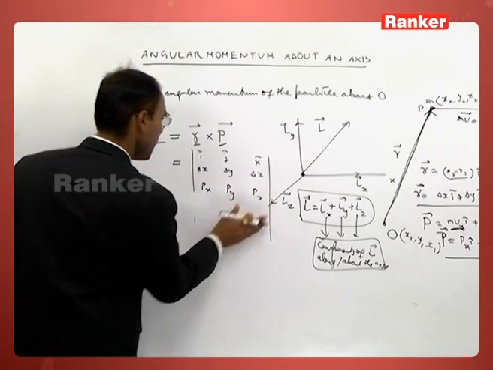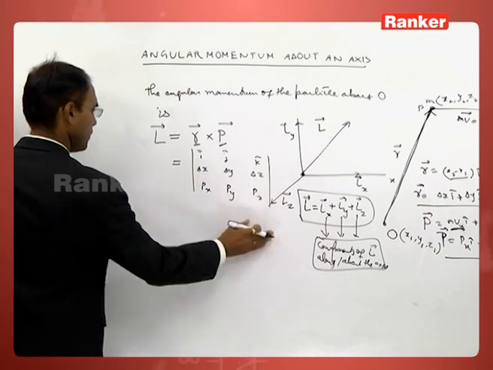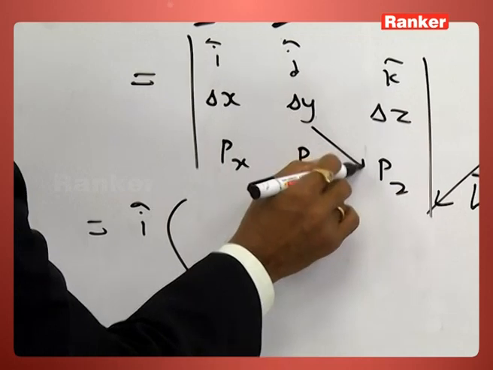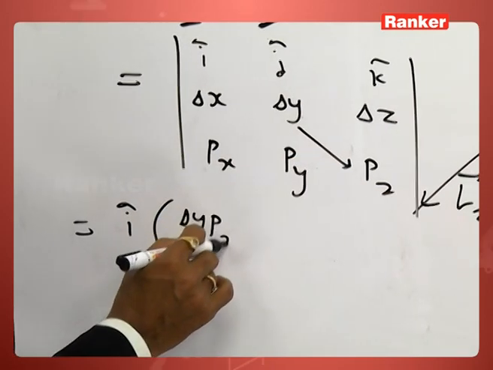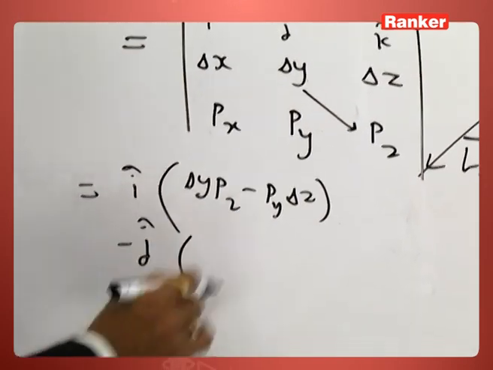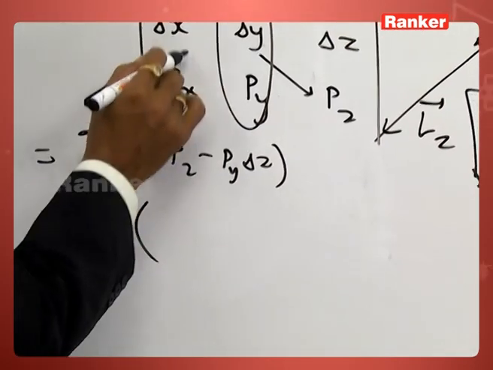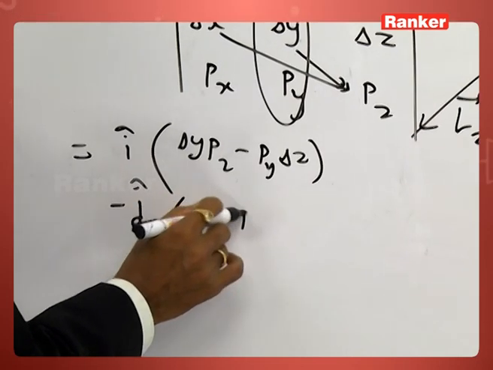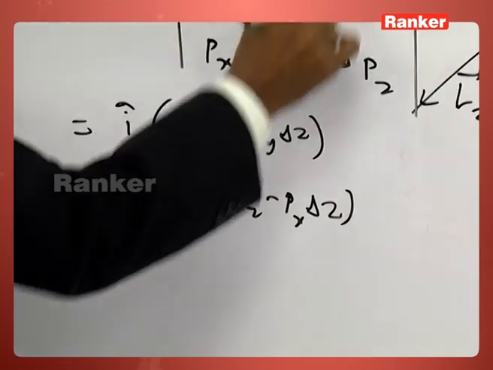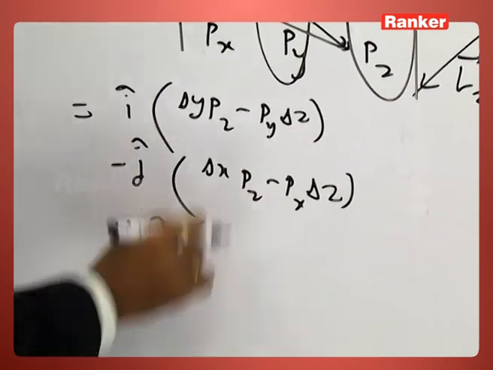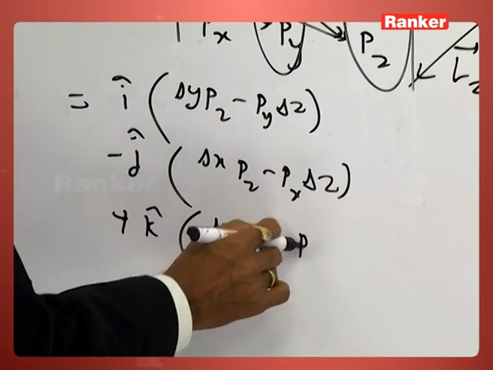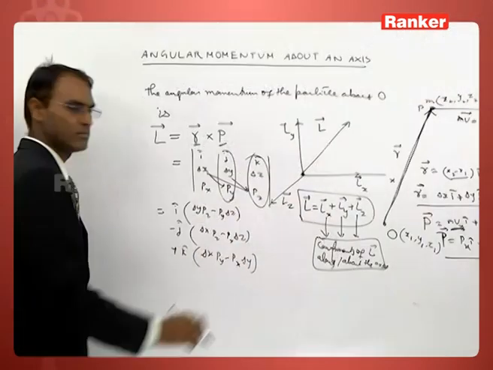When you expand the determinant, we are getting i cap into (del y into pz minus py into del z) minus j cap (del x into pz minus px into del z) plus k cap (del x into py minus px into del y).